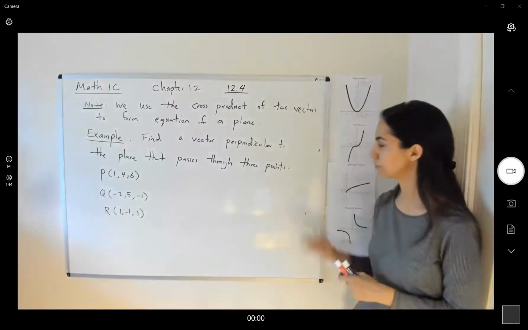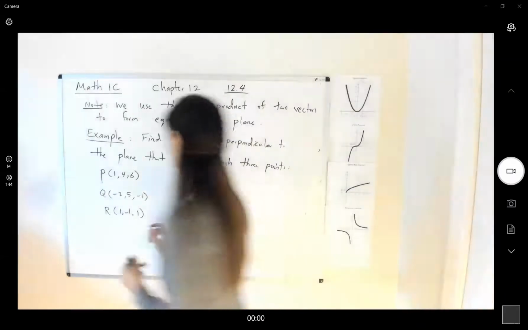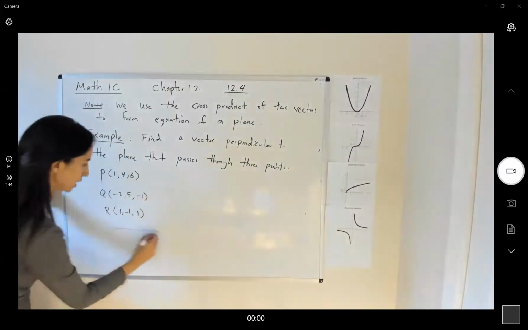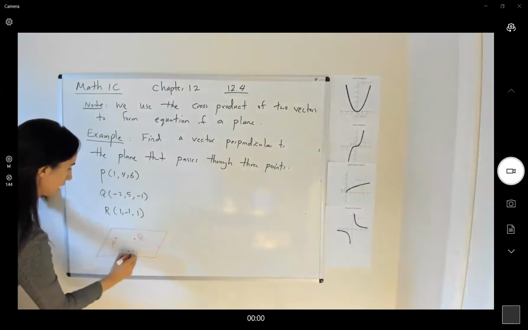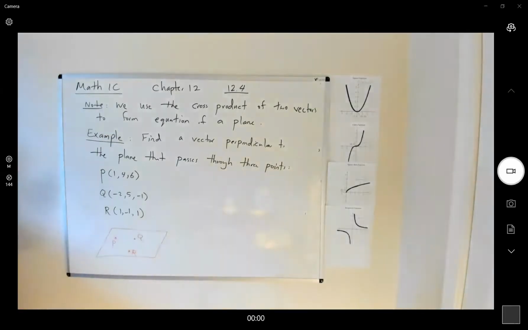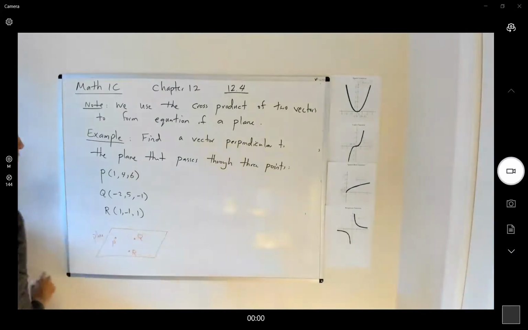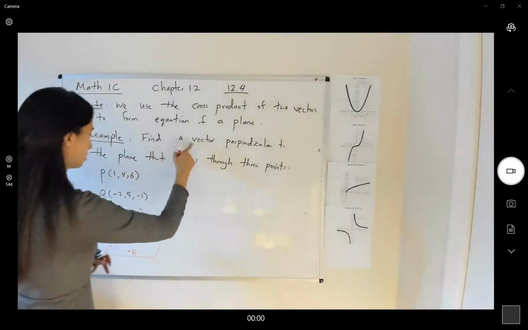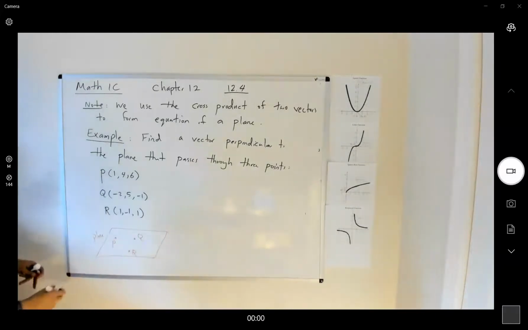Okay, there you go. So what do we have here? We have a plane with these points located on that plane. P, for example, is here, Q is here, and R is here. 3 points on that plane. We want to find a vector which is perpendicular to this plane passing through these points.